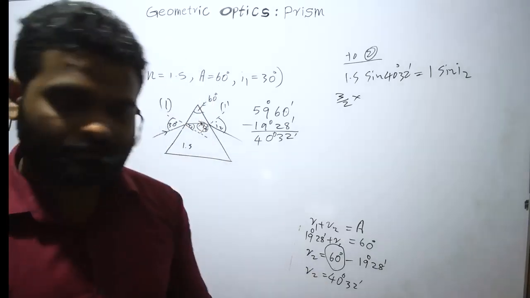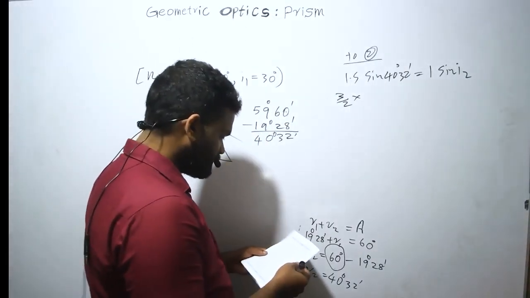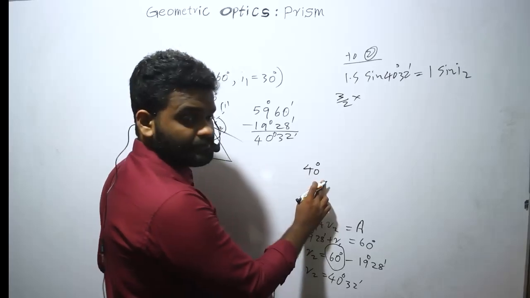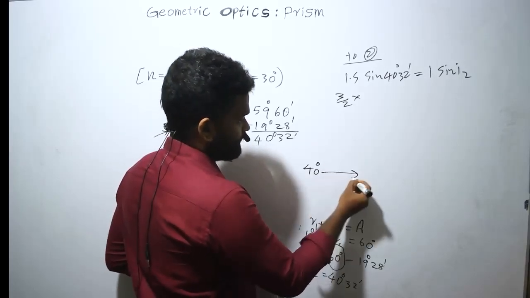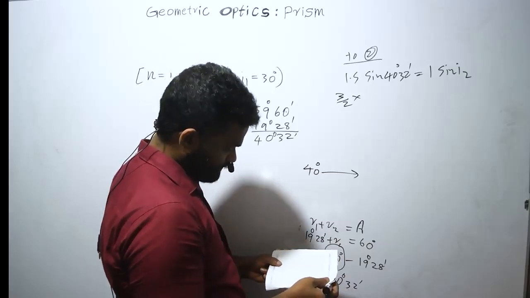So what's the value of sine 40 degrees 32 minutes? Sine 40 degrees, then from above we need 32.